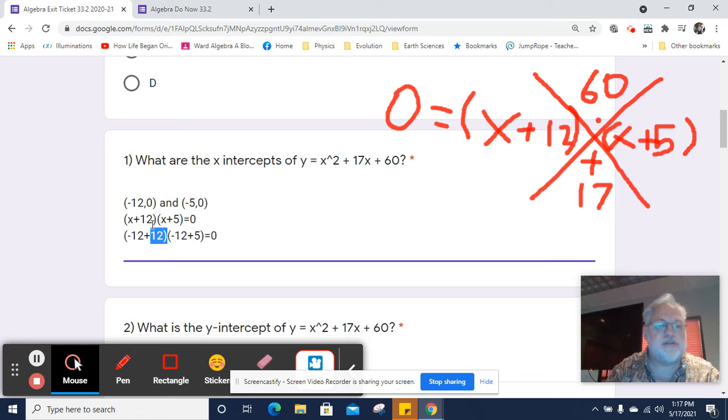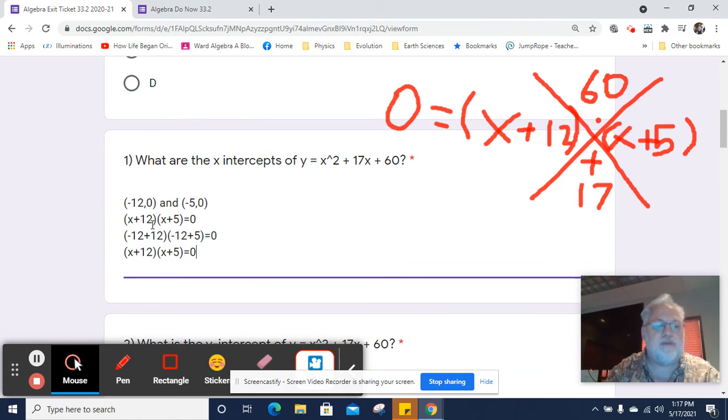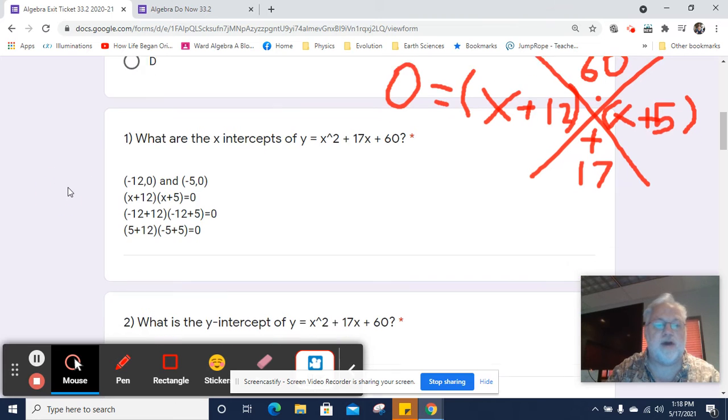This is just 0. That's a big fat 0. And then if I had negative 5 for x, it does not matter that there's a negative 5 here, because negative 5 plus 5 is just a big 0, and so the thing will equal 0. So my x-intercepts are negative 12 and negative 5.